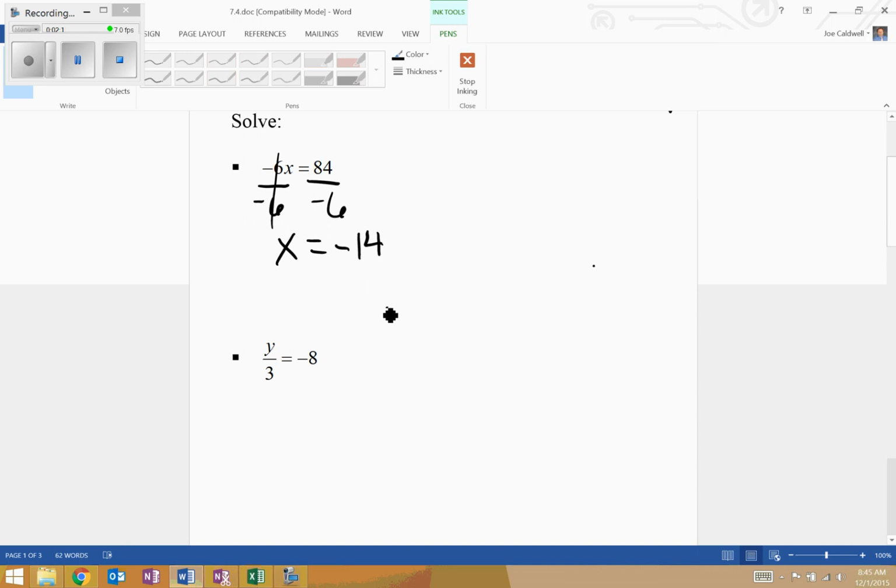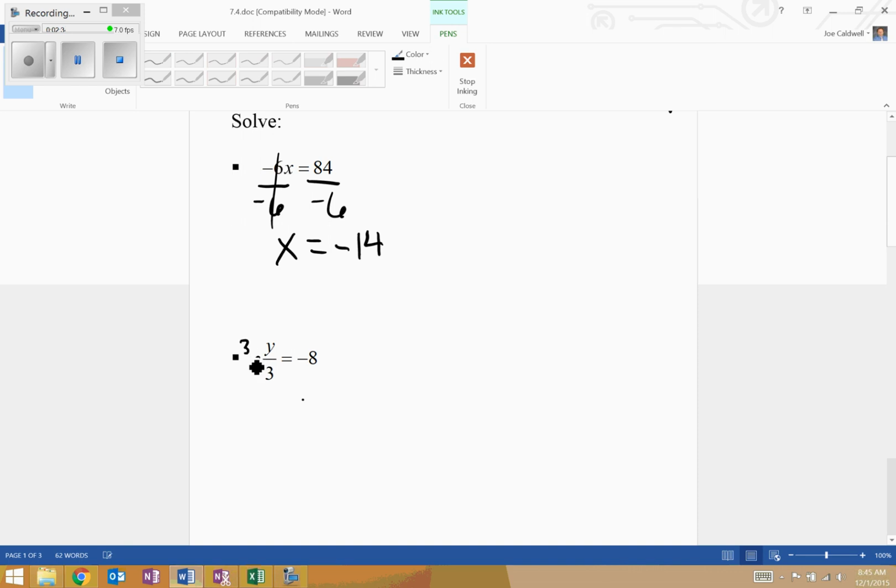This is another way, if you remember, to write division, right? And so this is technically saying y, and that fraction can be written as division. So y divided by 3 equals -8. Okay, and so instead of dividing by 3, we're going to be multiplying by 3.